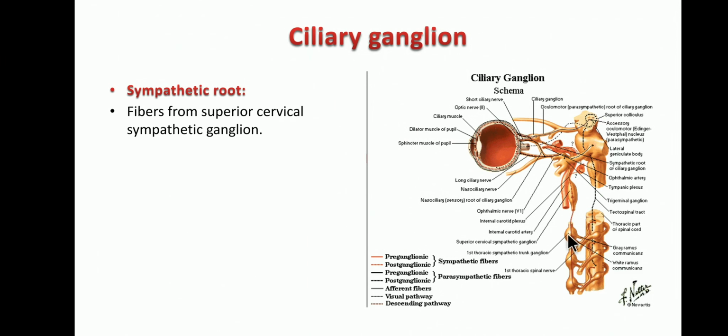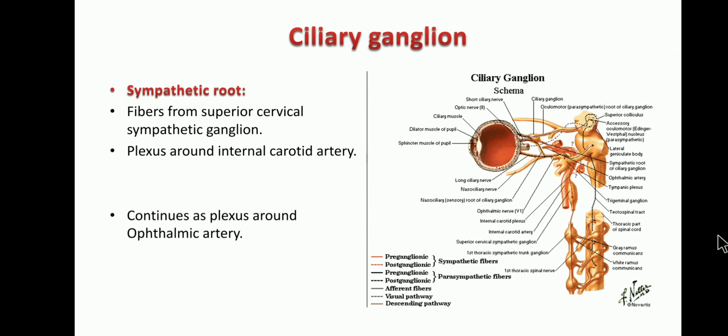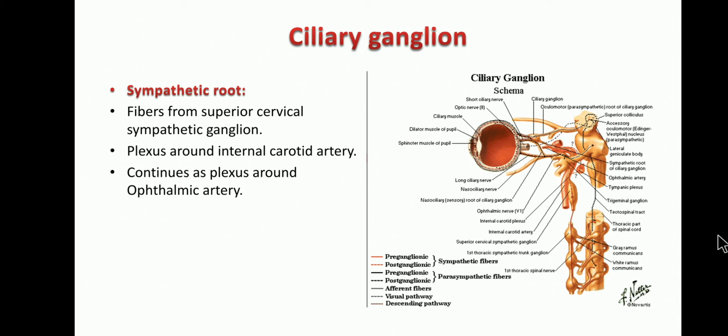Fibers from the superior cervical ganglion, the postganglionic fibers, travel via the arteries, branches of the external and internal carotid arteries, to reach the target areas. Now, in the case of the dilator pupillae, the plexus will surround the internal carotid artery. The internal carotid artery passes through the carotid canal and then enters the skull, and then comes out through the posterior wall of the foramen lacerum, and then it will travel via the cavernous sinus.